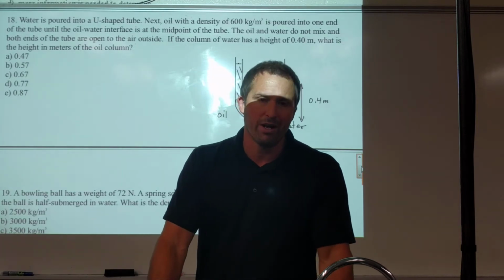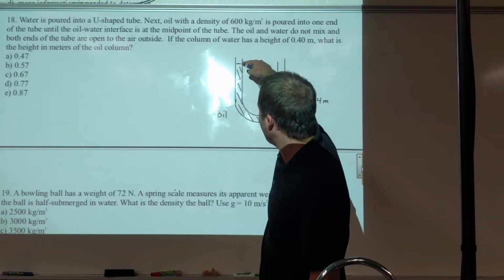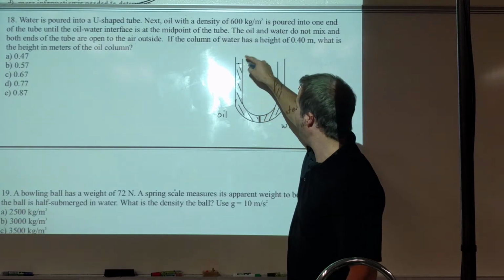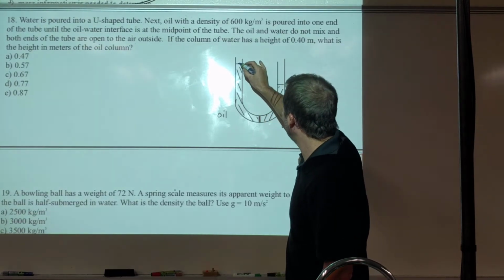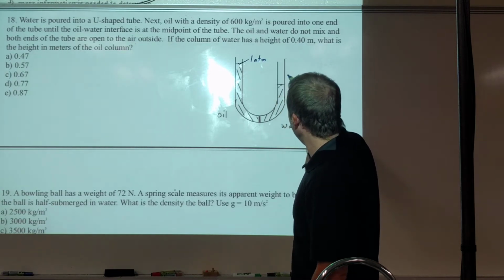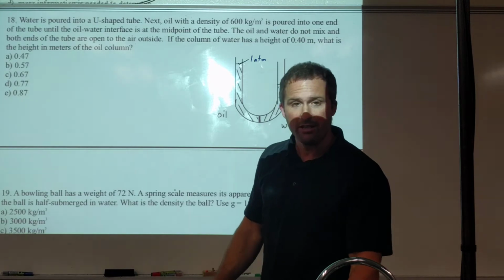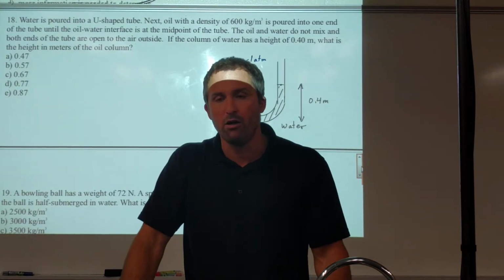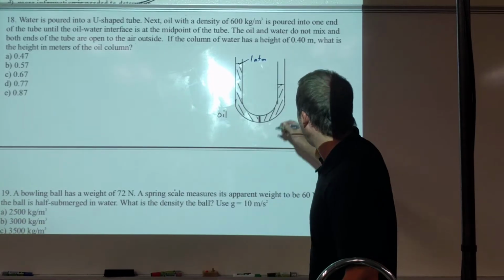Well, 1 atmosphere. So the pressure at that point is 1 atmosphere, atmospheric pressure. Now, what about the pressure at this interface right here? It's also touching the air, which is open to the outside world, so we're also going to say that is 1 atmosphere as well.